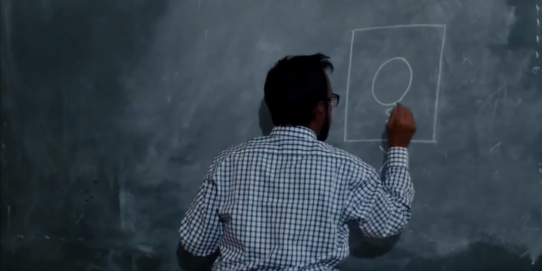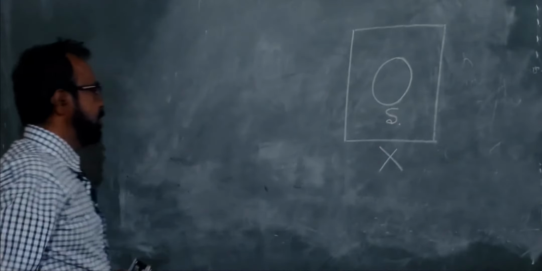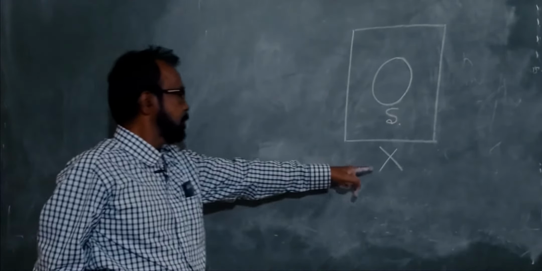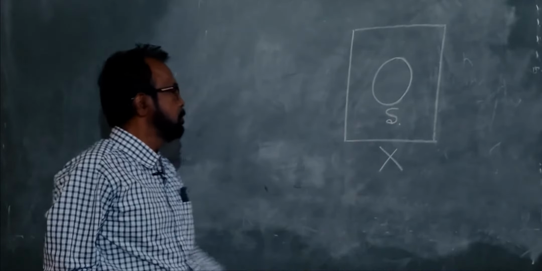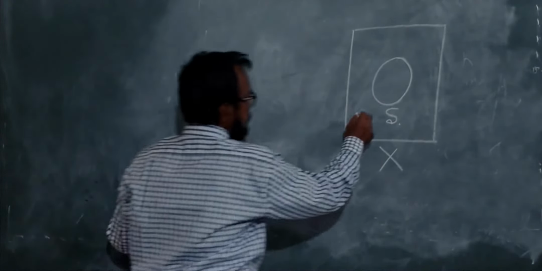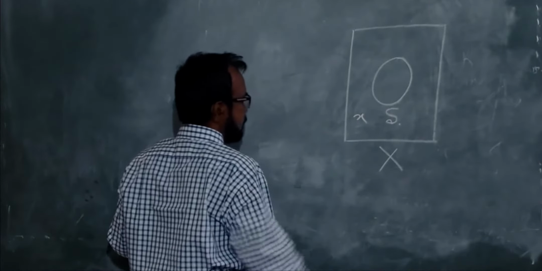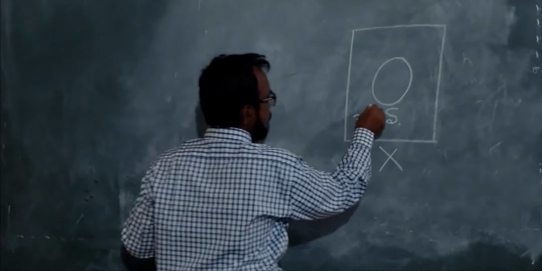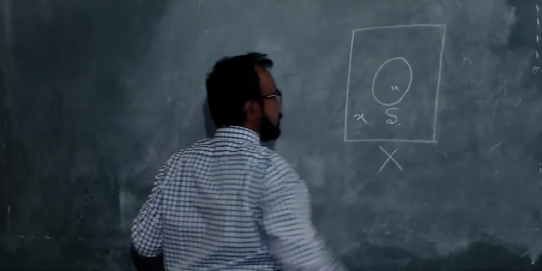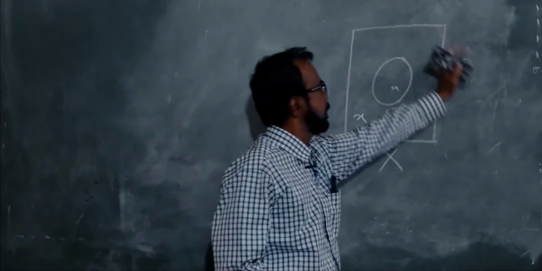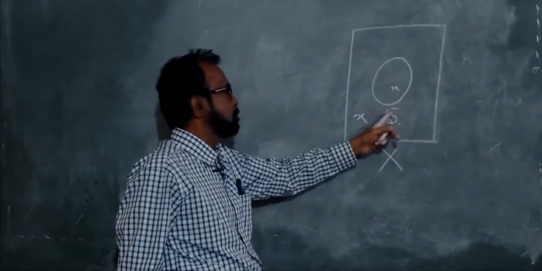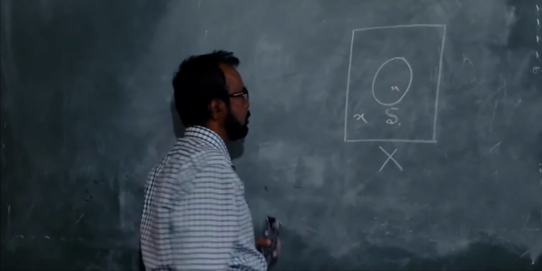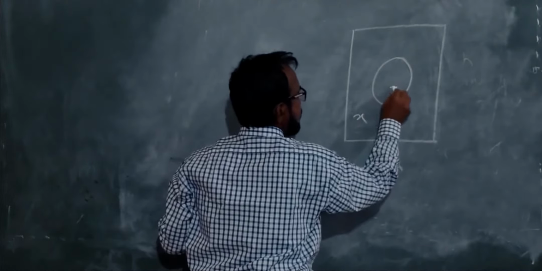Let X be a metric space and S any subset of X. Let x belong to X, a small x being an element of X. When we say that x is an interior point of S, in the figure, S is a set and x is a point.